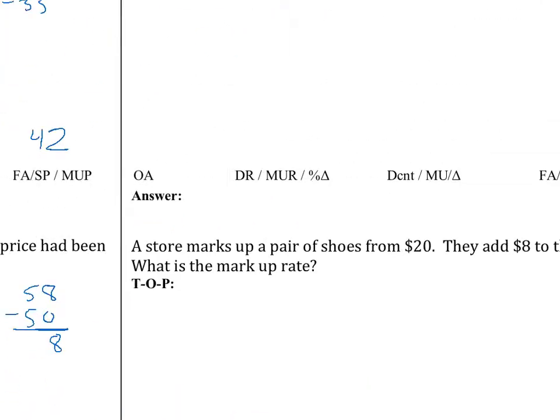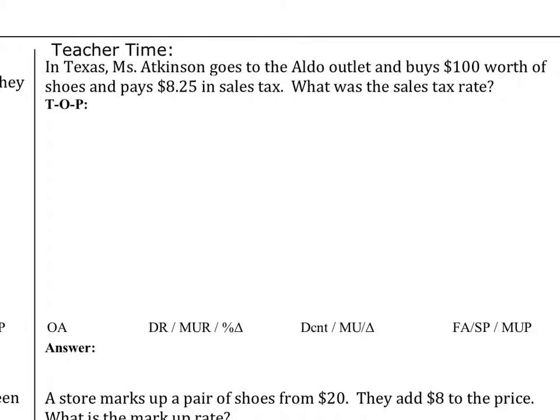Alright, next one. It says, in Texas, Ms. Atkinson goes to Aldo Outlet and buys $100 worth of shoes and pays $8.25 in sales tax. What was the sales tax rate? Okay, so again, this is a markup rate.